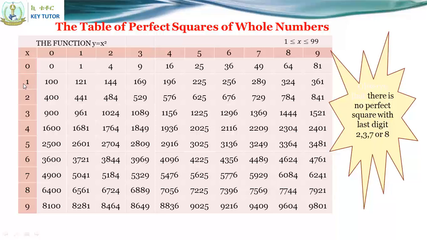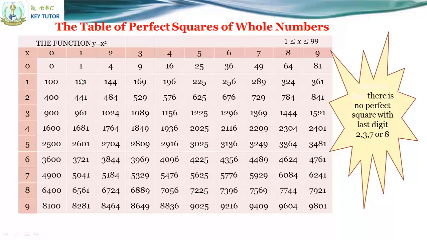Take a row header 1 with a column header 0 gives us a cell 1, 0, which is 10 squared, which is 100. Likewise, you have a row header 1 with a column header 1. Together, it gives us 11 square.